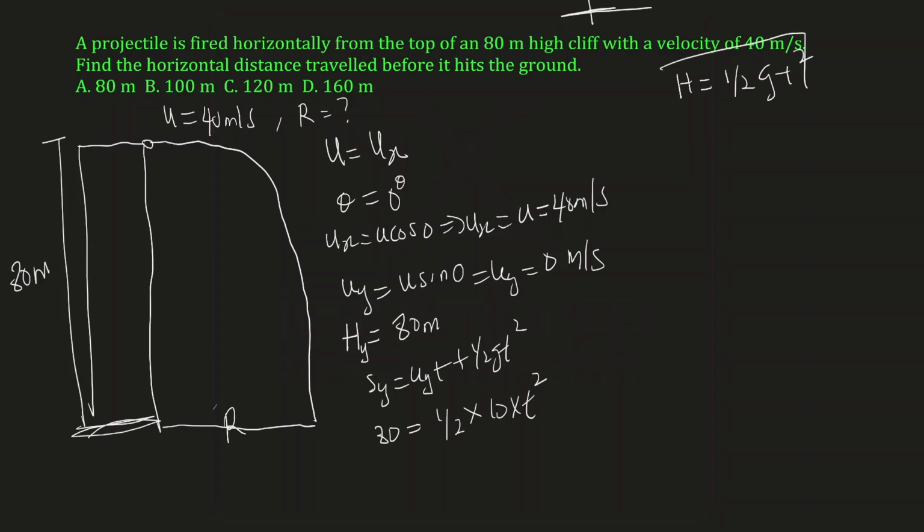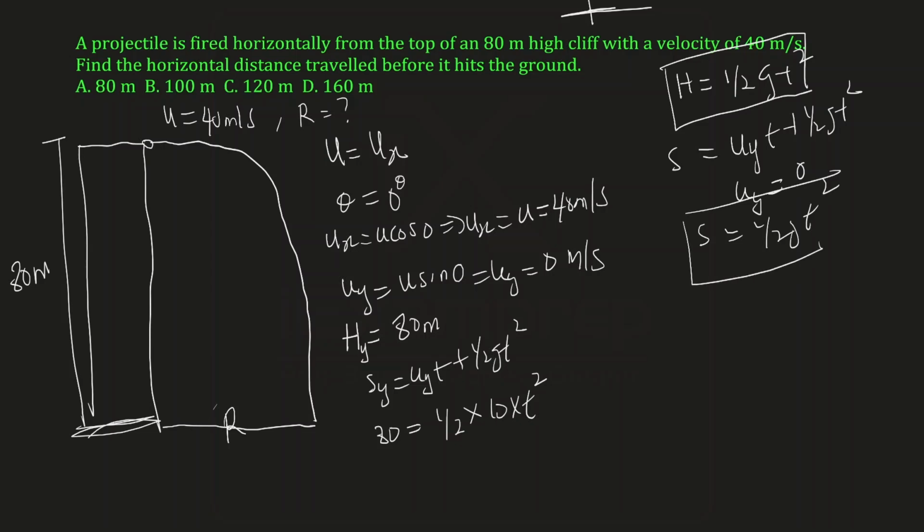So you can use this formula. It is correct because if it's projected horizontally, we use s equals uy t plus half g t squared. When it is projected horizontally, uy is always equal to 0. That means you are left with s, or h, as the case may be, to be half g t squared. So if you are required to find the height of that tower, you can just use half g t squared.